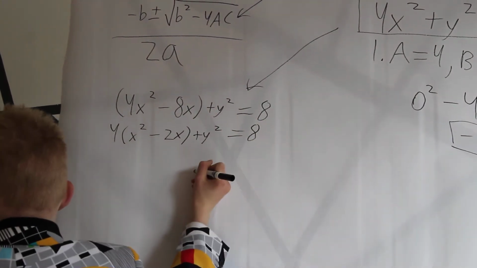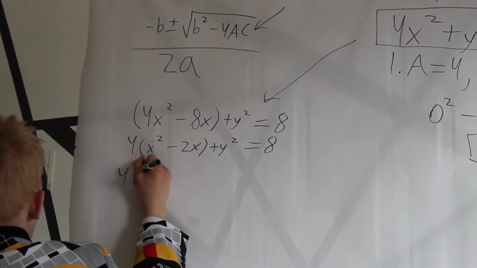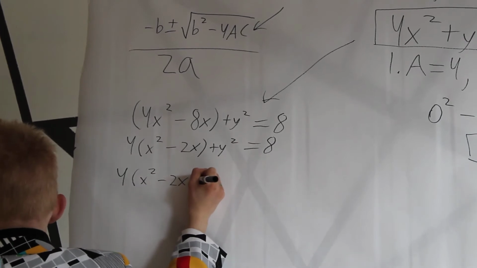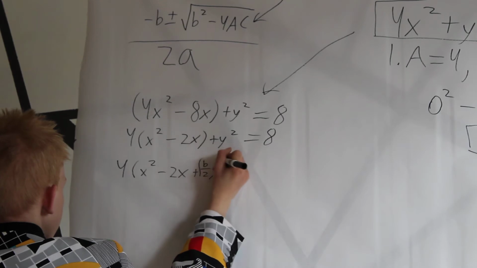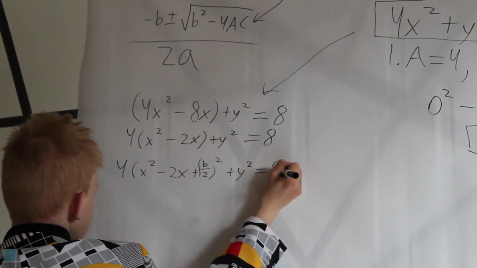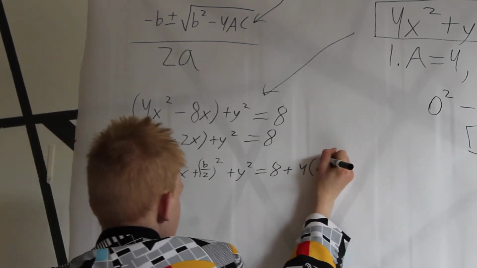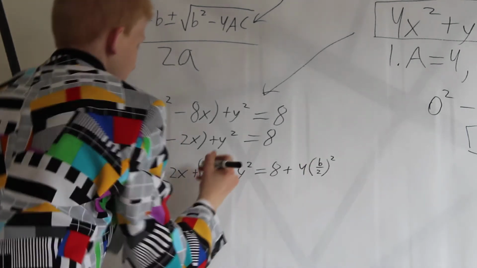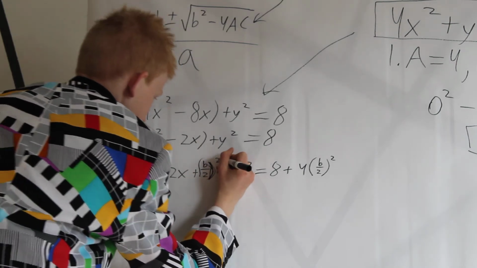Then our next step is to complete the square, which is 4 times x squared minus 2x, then plus b over 2 squared. But we also have to put that on the other side, which is 4 times b over 2 squared, because we took out 4. Let's make this clearer, my bad.